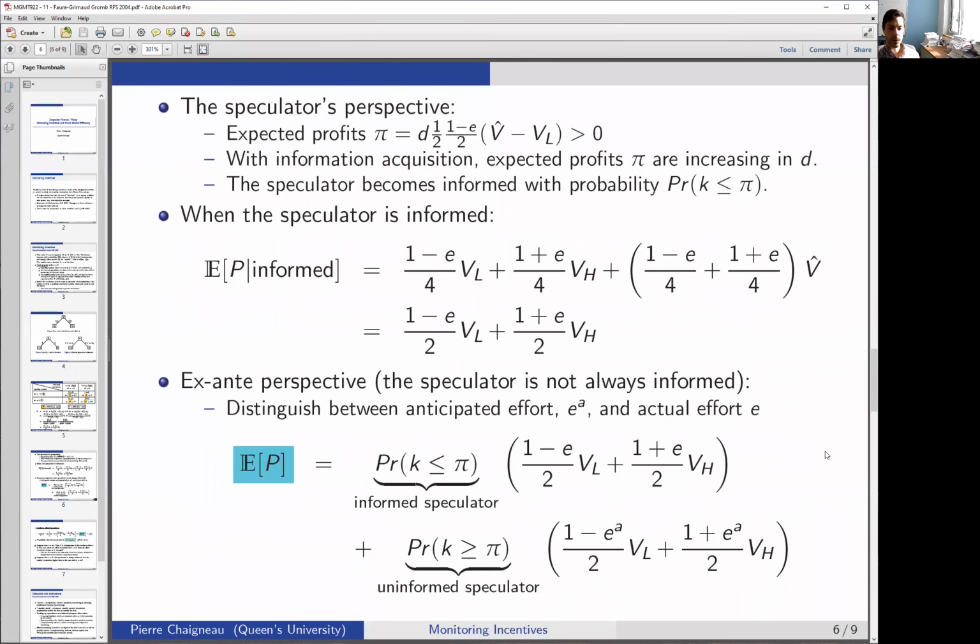What's really crucial here is that this expected price only depends on the manager's actual effort when the speculator is informed. When the speculator turns out to be uninformed, there will not be any informed trading, and so the actual effort of the manager is not going to matter for stock price determination.